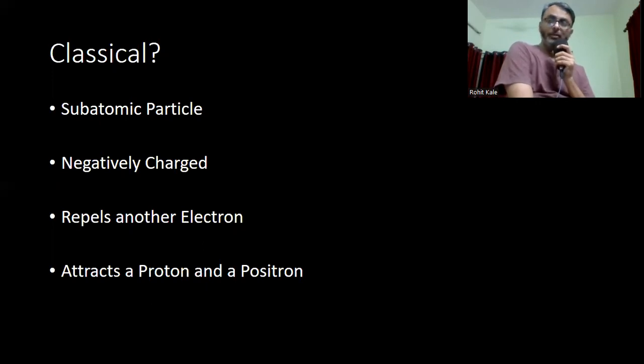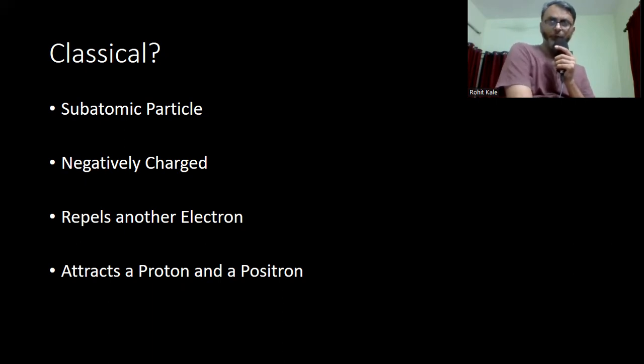Anyhow, before the advent of quantum mechanics, there was classical mechanics. In that, the electron was very simple, described by J.J. Thomson, and we know that it was a subatomic particle. It was negatively charged. It was in that cathode ray tube, and it got deflected towards the positive electrode.